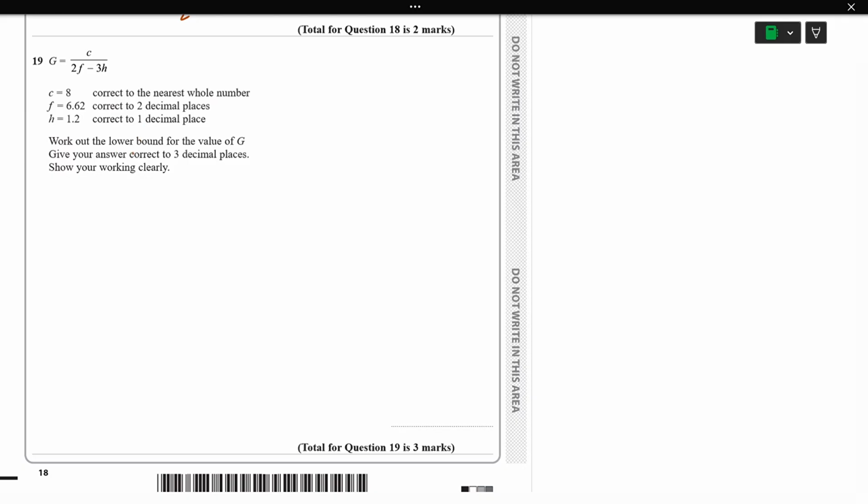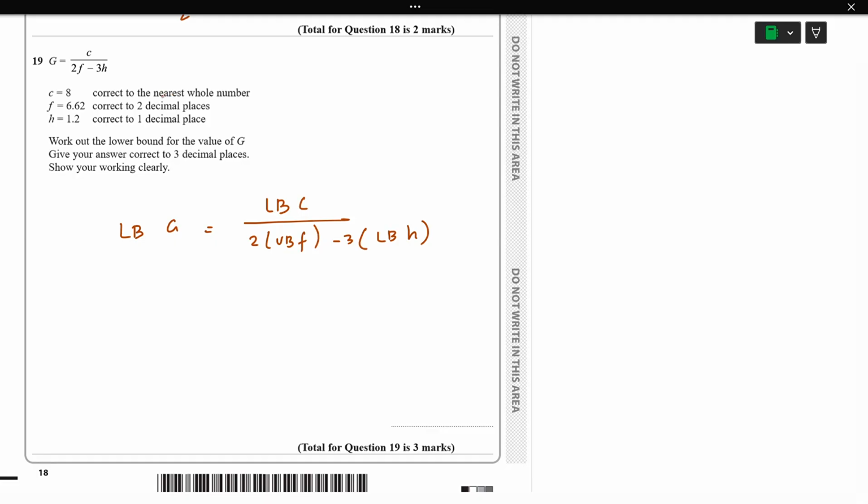Work out the lower bound of G. So for the lower bound of G, we take the lower bound of C over 2 times the upper bound of F, and minus 3 times the lower bound of H.